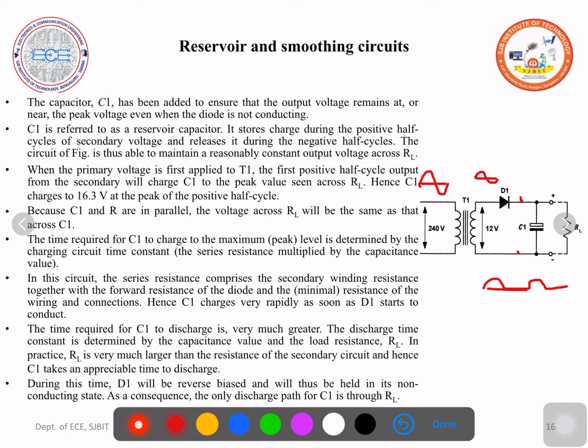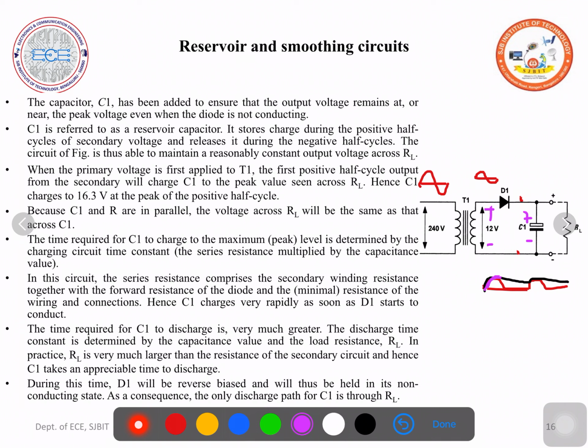We want to smooth this, so let us use a capacitor C1 as a reservoir capacitor which will smooth this like this. Capacitor stores the charges whenever the diode is forward biased. In the positive half cycle, this terminal is positive, this terminal is negative, the diode is forward biased, so the capacitor gets charged like this in these polarities. So it will be charged to the peak voltage.